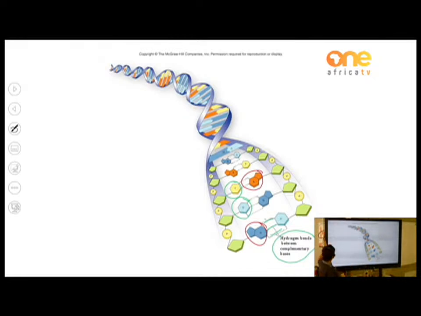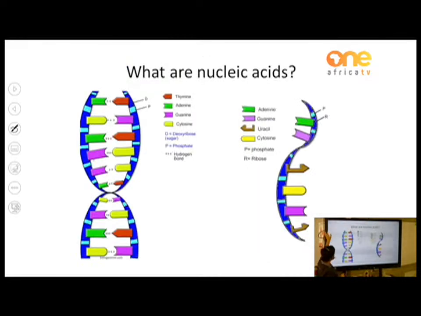Okay, and the other type of nucleic acid is RNA. We also know that RNA is a bit different from DNA. The first difference is single strand versus double strand. Because this is a single strand, there are no complementary strings, therefore no hydrogen bonds.